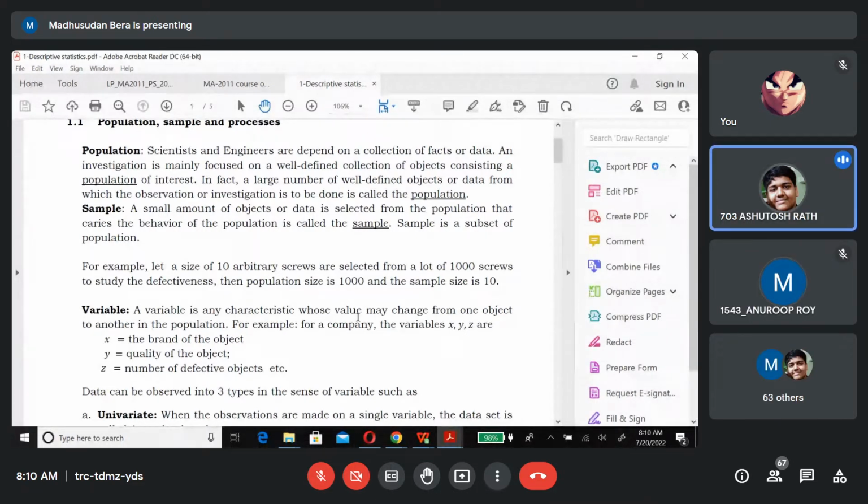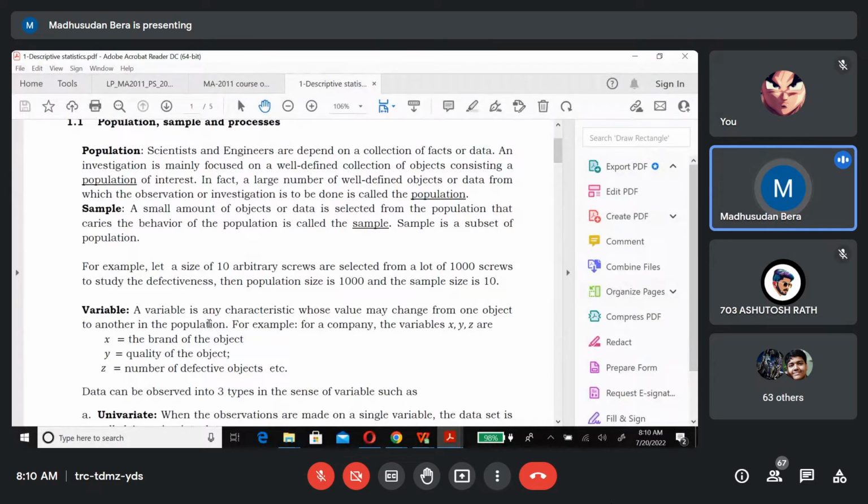Now we will define variables. That is basically a characteristic. A variable is any characteristic whose value may change from one object to another in the population.